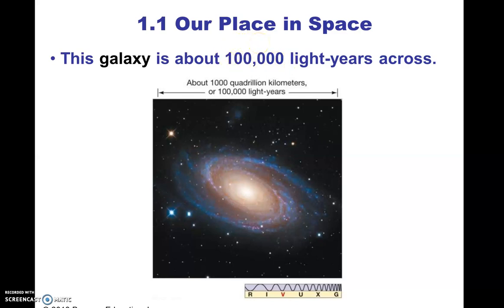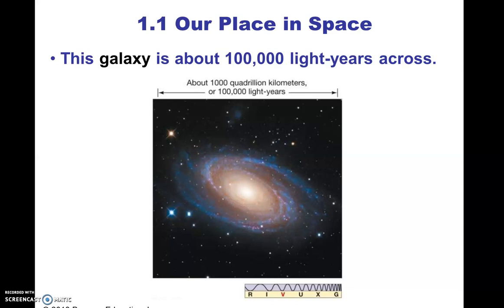For example, if you stay within our solar system, we use a special unit: the average distance between the Earth and the Sun, which is called one astronomical unit. So if we're within the solar system, that's a perfectly good unit of distance.